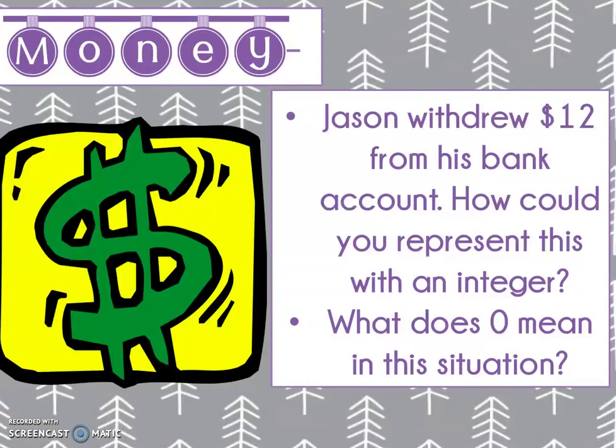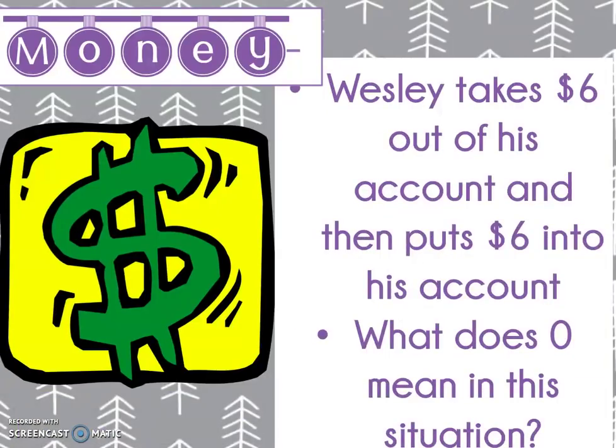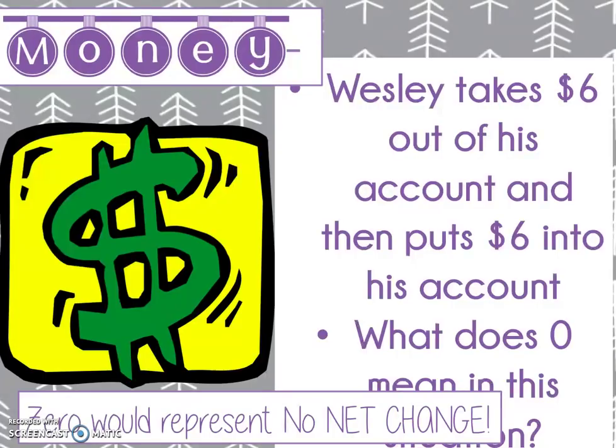All right, the next one says Wesley takes $6 out of his account, and then he puts $6 right back in. So he takes out 6 and he puts in 6, so it's a negative 6 and then a positive 6 real quick. What does 0 represent in this situation? In this situation, 0 is no net change.